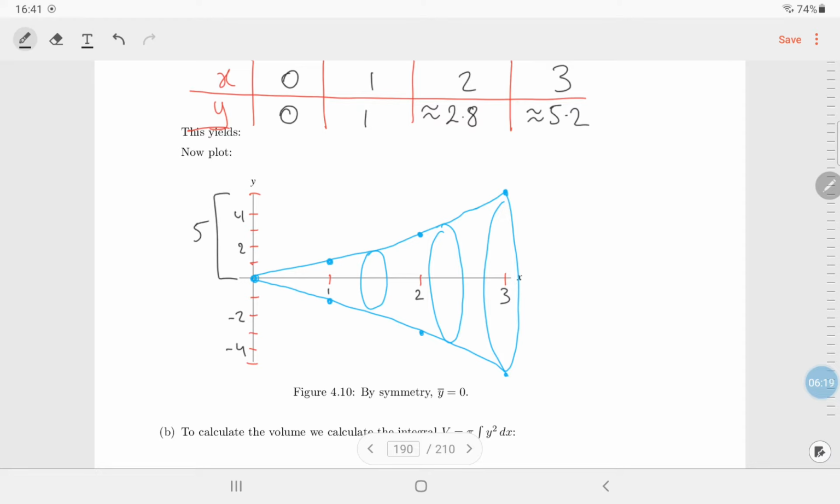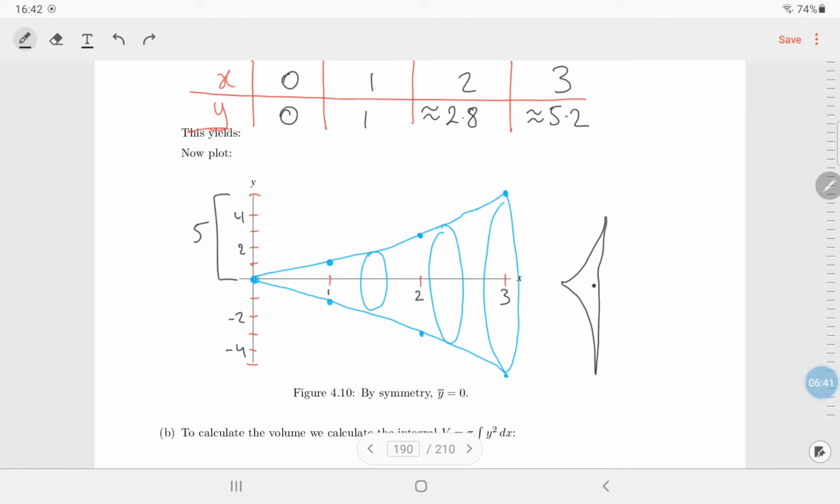But 5 on the x-axis is way longer. So really what you need to do is shrink the x-axis so the shape actually looks a lot more like this if you do them both to scale. So you might get an answer really close to this, whereas if you put that here, it looks wrong, but it actually isn't.